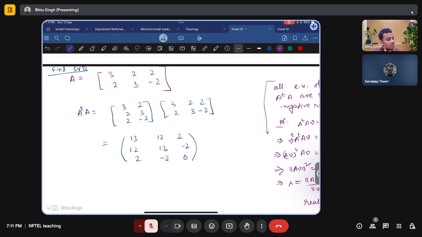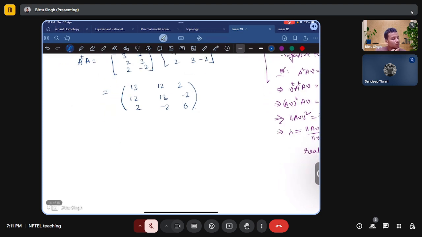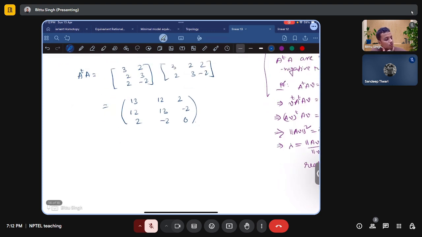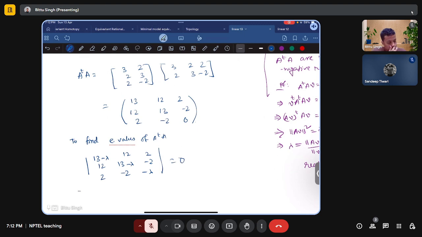Now let us see what can be done. We need to find eigenvalues of A transpose A. The usual process: we subtract lambda from the diagonal and everything else is unchanged, and the determinant is 0.